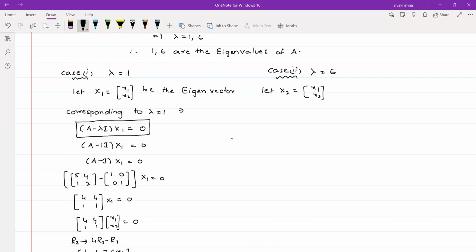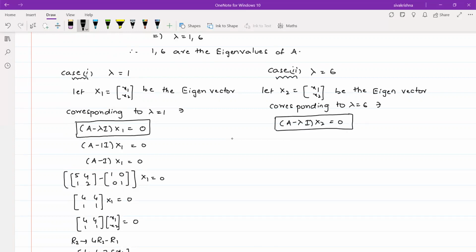Once again, I have considered a column matrix consisting of two elements, the eigenvector corresponding to lambda is equal to 6, such that, once again, I am writing the equation, (A minus lambda I) x2 is equal to 0. This is the equation we have to find the eigenvector.